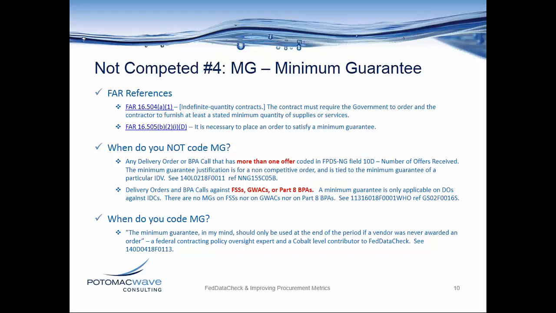But there's no such requirement going against the federal supply schedule or a GWAC or Part 8 BPA that references a federal supply schedule. Doesn't make sense. So let's look at an example where they did that.